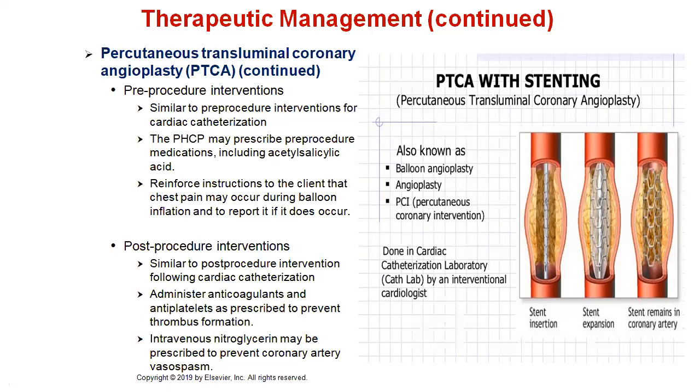So PCI, the procedure is to open the coronary arteries and is performed within 3 hours of onset of MI symptoms. PCI has 3 types. One is called atherectomy, another is placement of the stent, and PTCA. This is PTCA, meaning percutaneous transluminal coronary angioplasty.